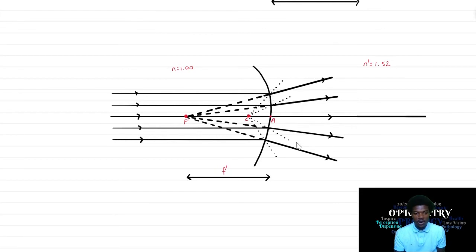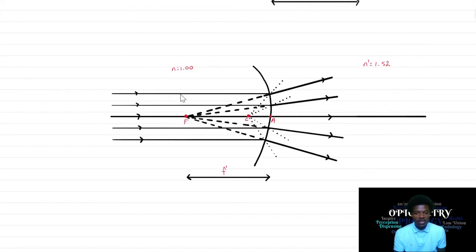As you can see, they go away. However, they still do go towards the normal, because as I said before, from a less dense to a denser medium, it will always go towards the normal. Here again, the apex, the center of curvature, and the secondary focal point. As we can see, it's on this side now.